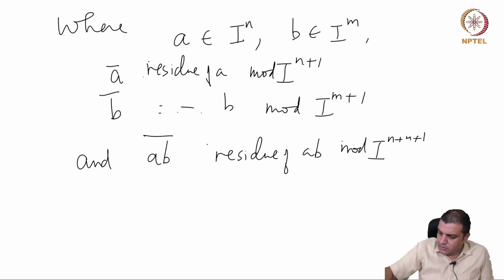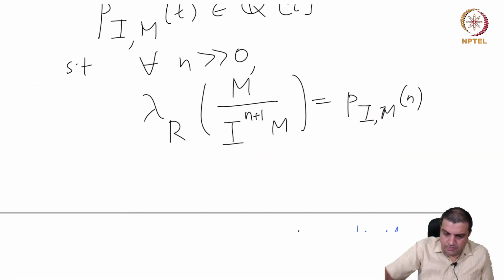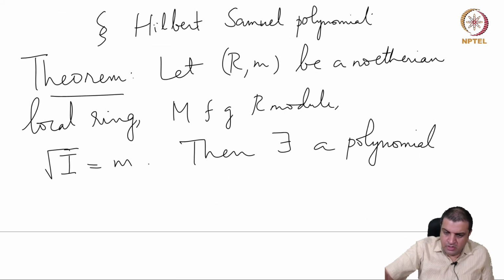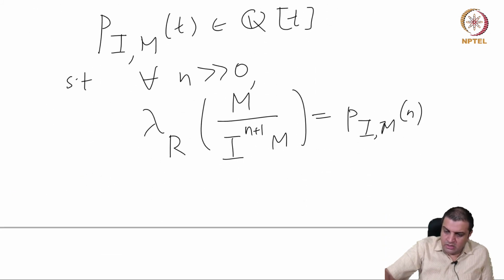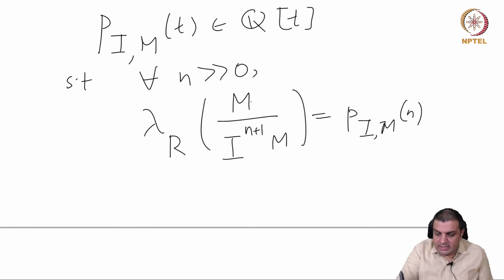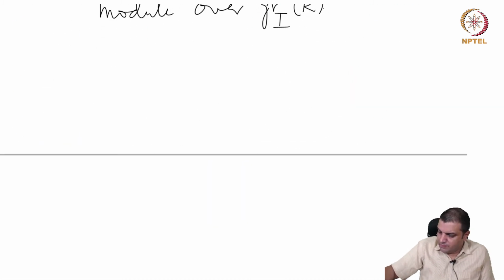Okay, so recall the theorem was here. We need to look at, sorry, this is not M prime, this is just M mod I^(n+1) M. So proof of the theorem.